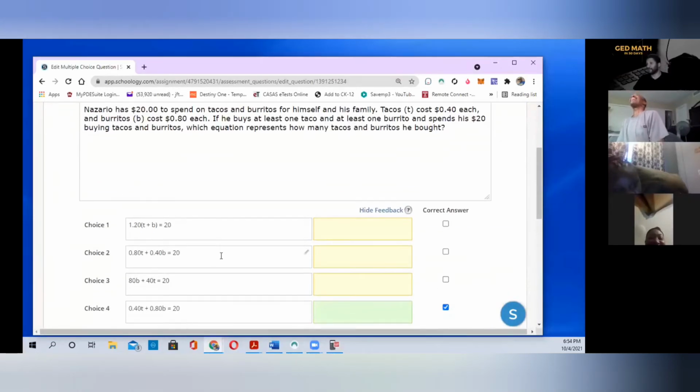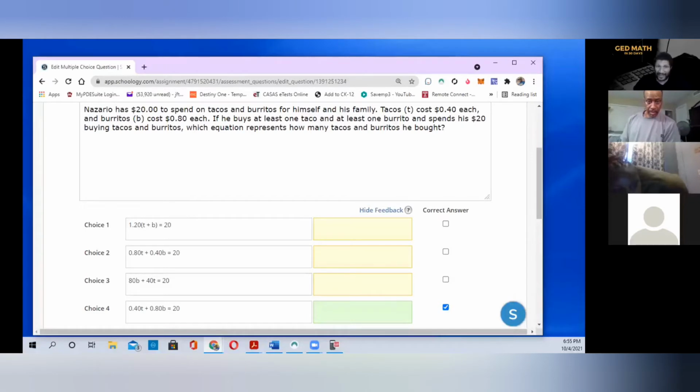All right. So let's look at this problem. Okay. And it says Nazario has $20 to spend on tacos and burritos for himself and family. Tacos cost 40 cents each. Burritos cost 80 cents each. If he buys at least one taco and at least one burrito and spends his $20, which equation represents how many tacos and burritos he bought?